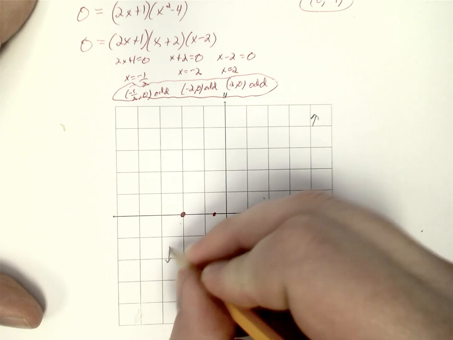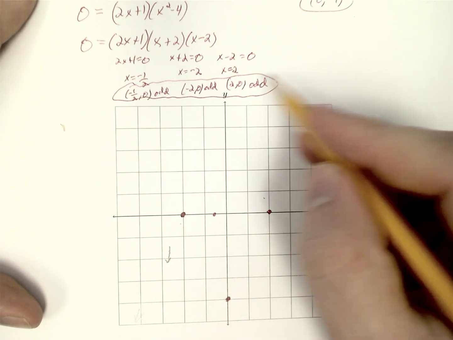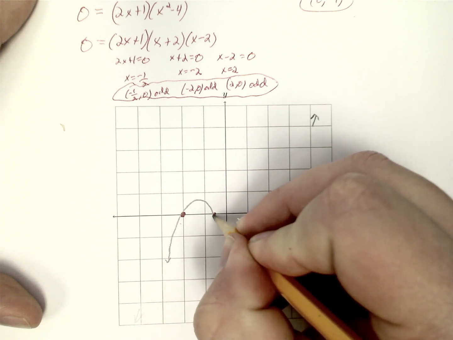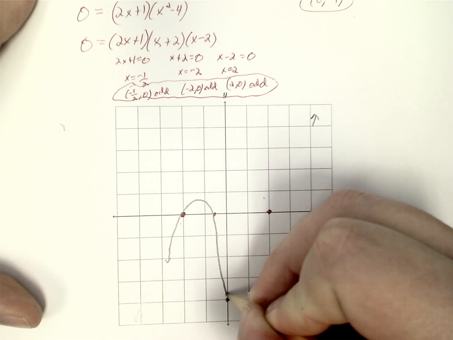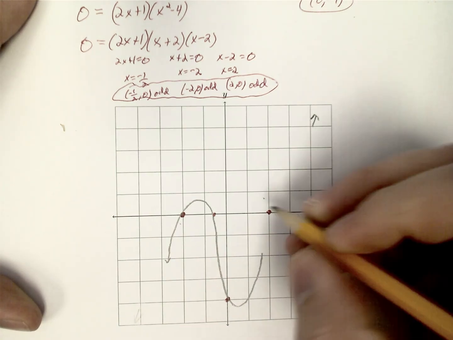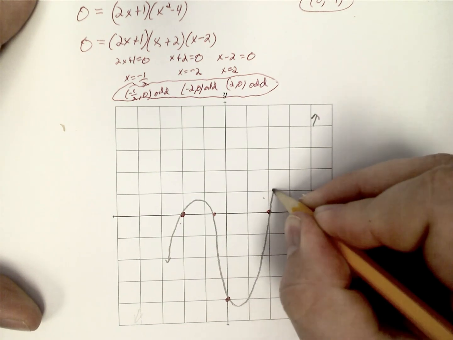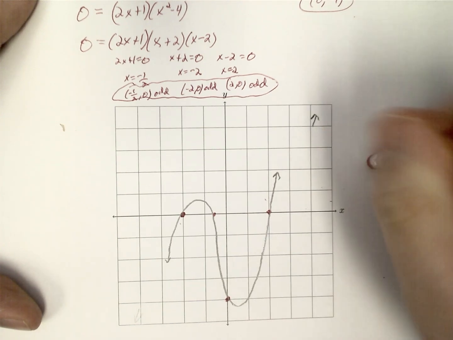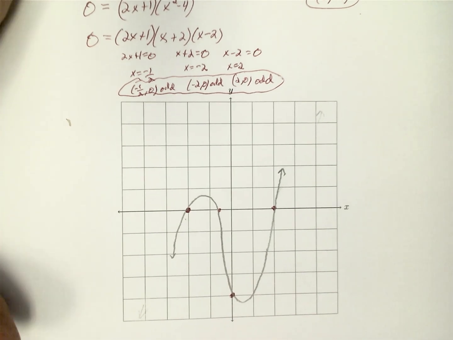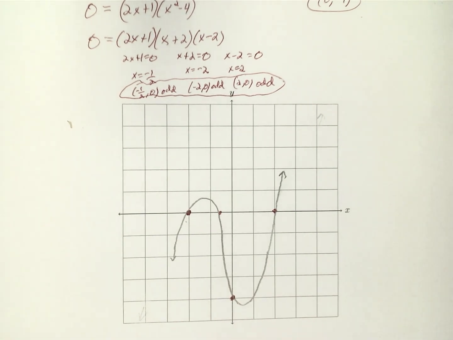And all of these are going to cross because they're all odd. This is a reasonable guess for this particular graph. That concludes this section.